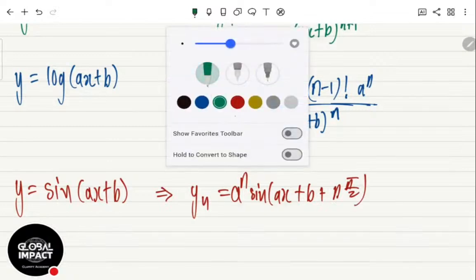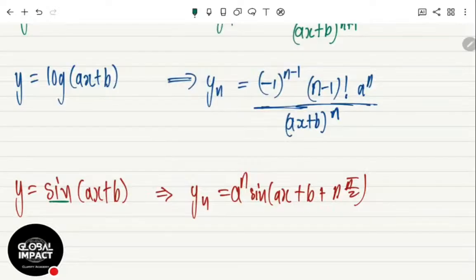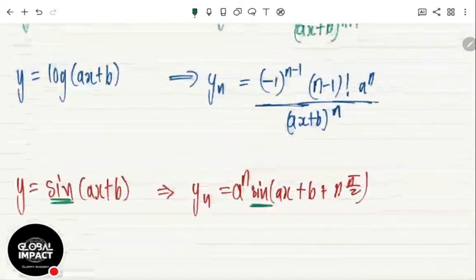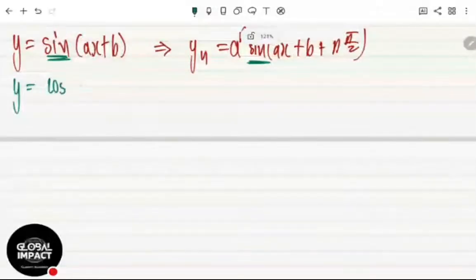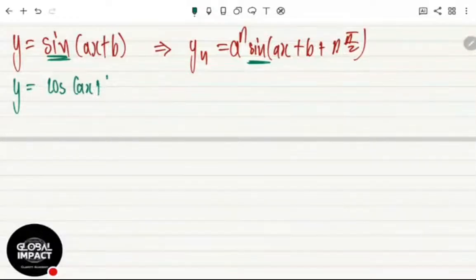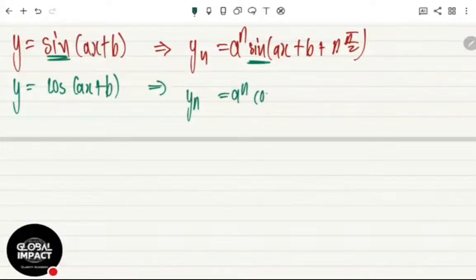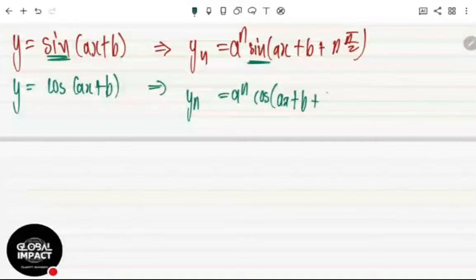This is for sine x; if it was cos here, it would come back as cos. So with cos of ax plus b, the nth derivative is just a to the n cos of ax plus b plus n pi over 2.